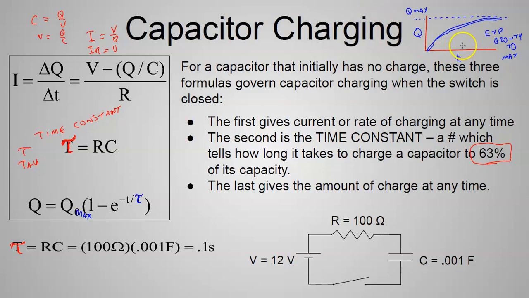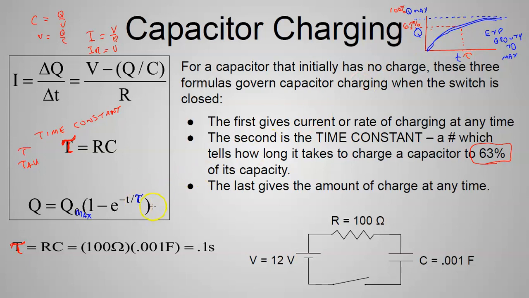63% full would happen about right here. This is 100% full up here. So when it gets to 63%, there's some amount of time, and that amount of time is what we refer to as tau. It's the time it takes to fill to 63%.